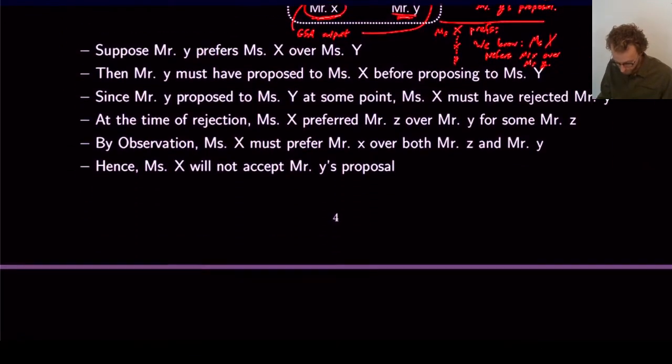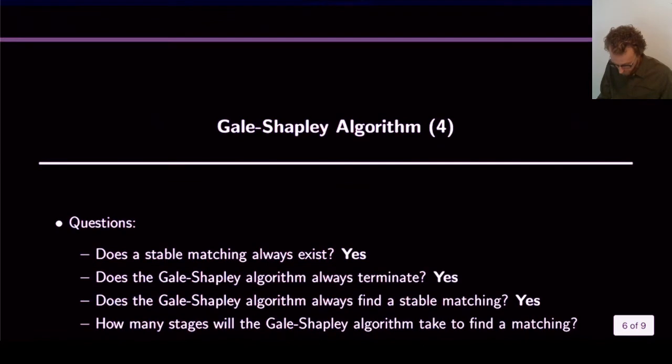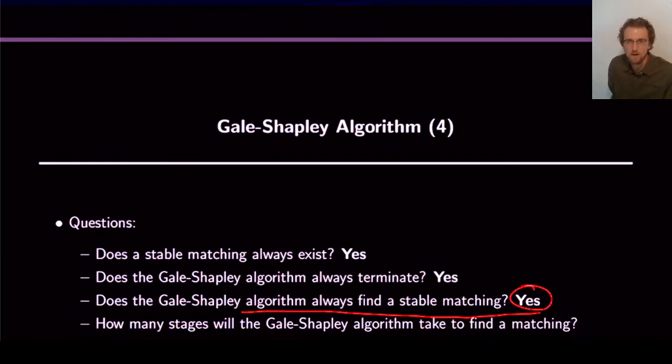And so that actually answers two questions for the price of one. So, obviously it answers this one that says yes, it gives us a stable matching. But the fact that it gives us a stable matching tells us an answer to this one. Tells us that every single possible set of preference rankings has at least one stable matching. So, way to go, Gale-Shapley.